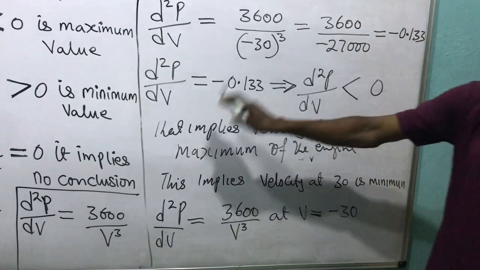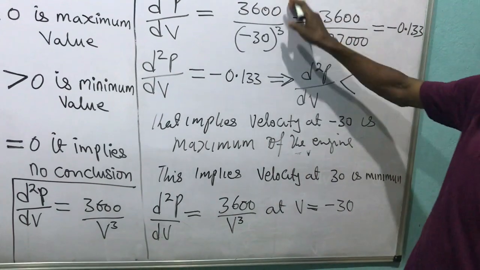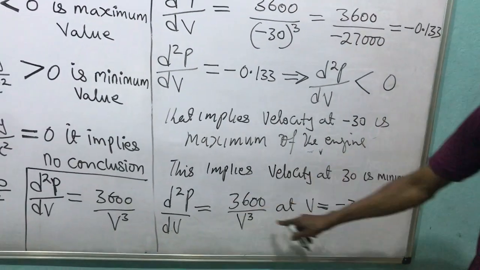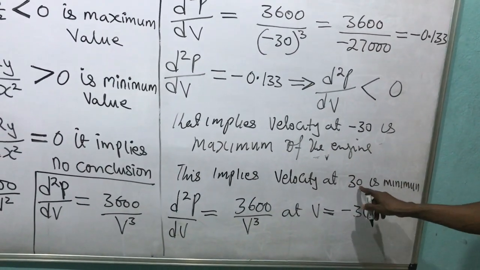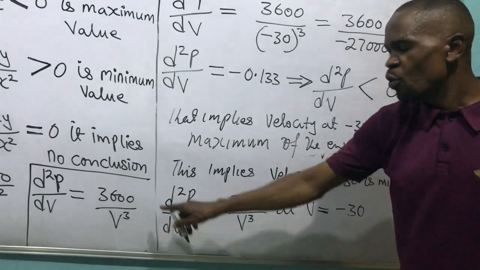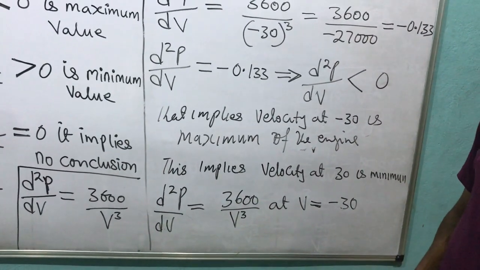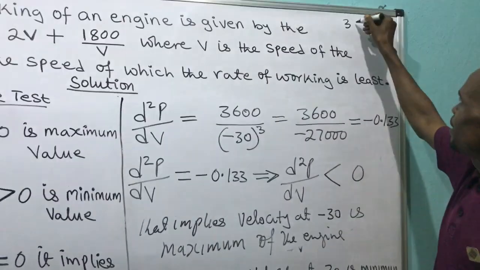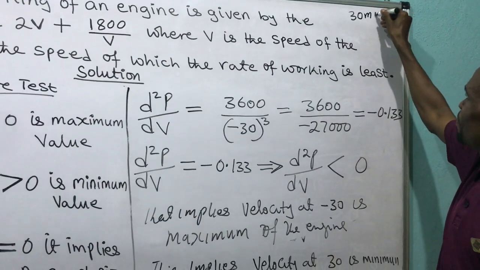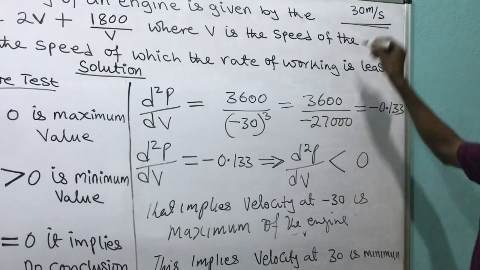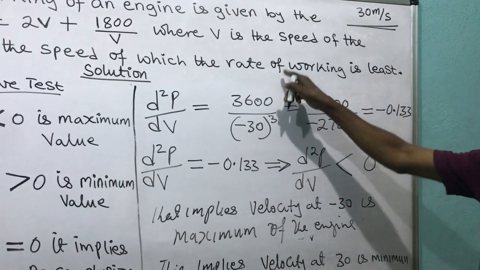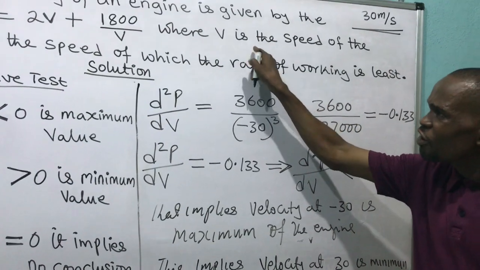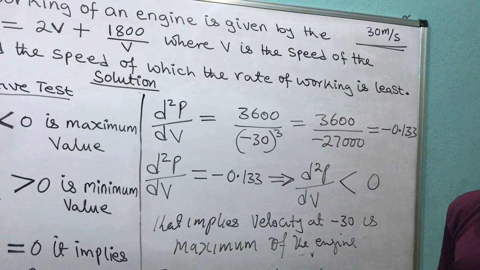But what we are asked is the minimum velocity of the engine, which we have done at v equals 30. The value becomes minimum. So the minimum velocity of the engine is 30 meters per second. At 30 meters per second, the engine is running at minimum velocity.